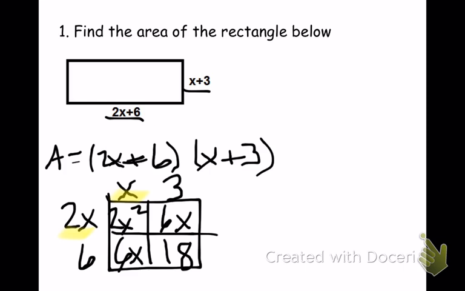So I just finished multiplying. Now I'm just going to write out my expression. So highest power is 2x squared. I'm going to combine like terms. I'm going to combine the two 6x's here. That's going to give me 12x. And I'm going to finish it off.